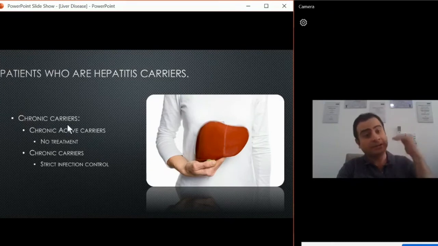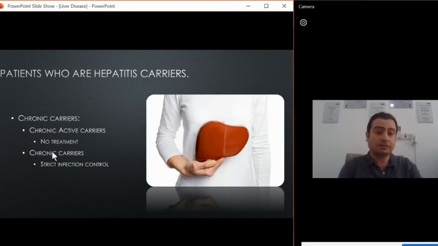Those patients have an increased level of bleeding. Those patients cannot metabolize the drugs we give them, so no treatment should be given unless it is emergency treatment in a hospital setting. While for chronic carriers without any symptoms, a strict infection control policy can be adopted and the treatment can be delivered for those patients.